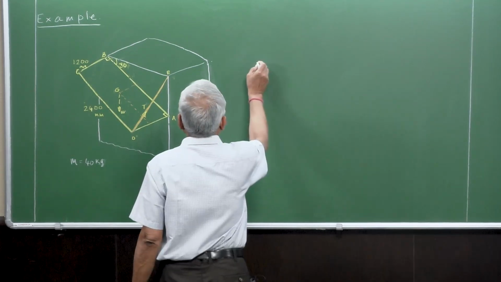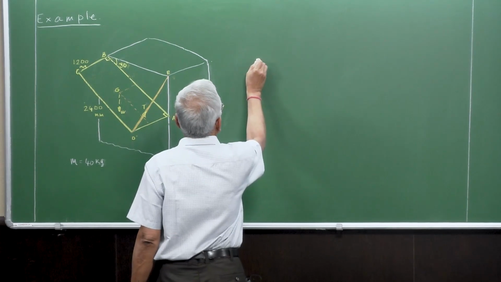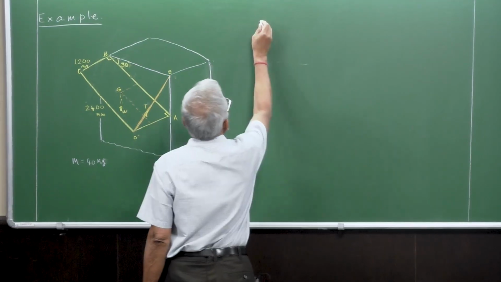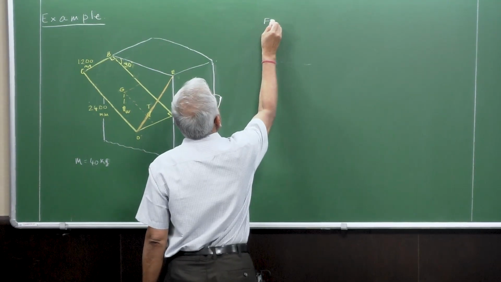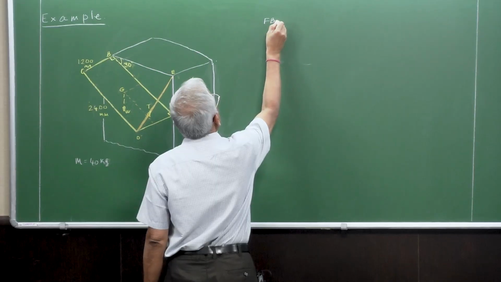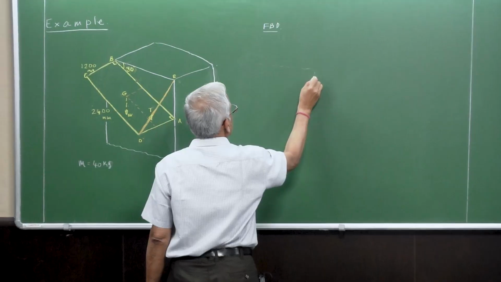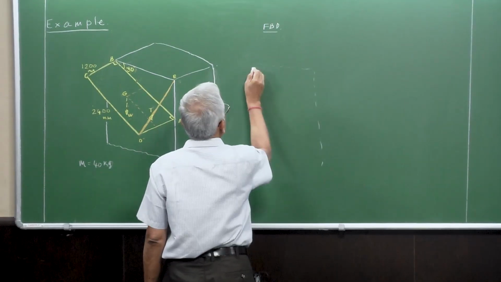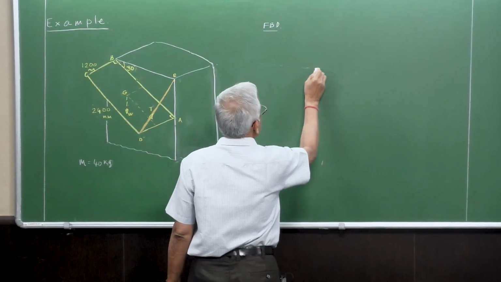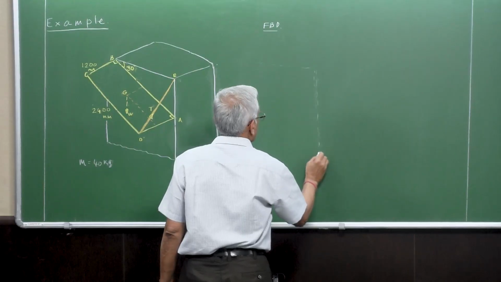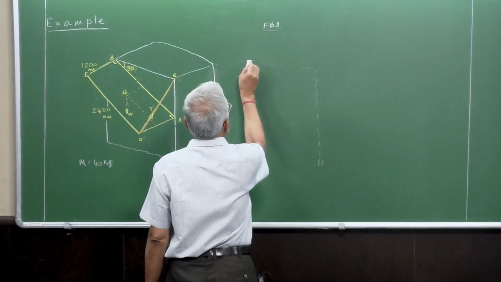In the free body diagram, if you draw the same thing but in dotted line, the supporting structure. This is the wall.